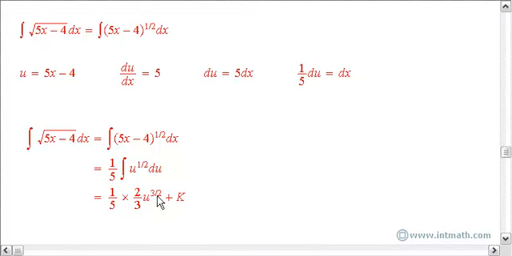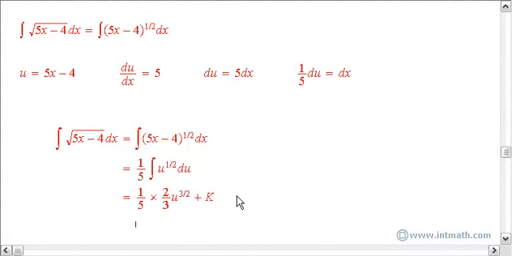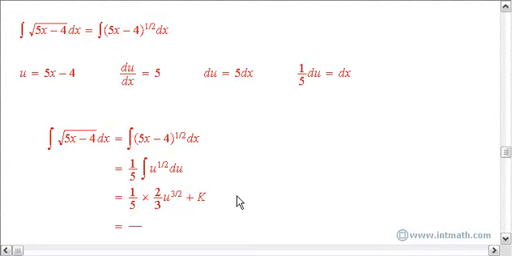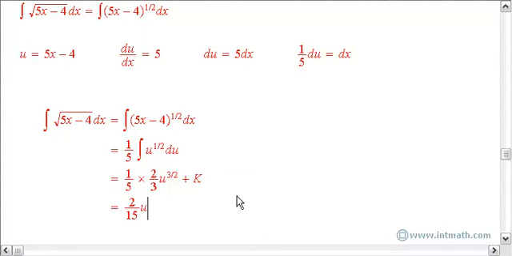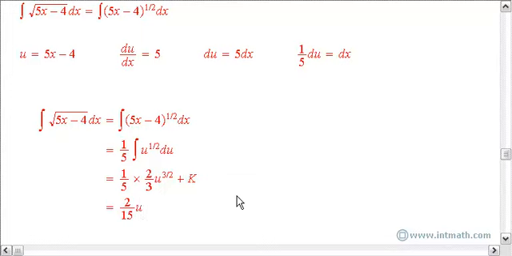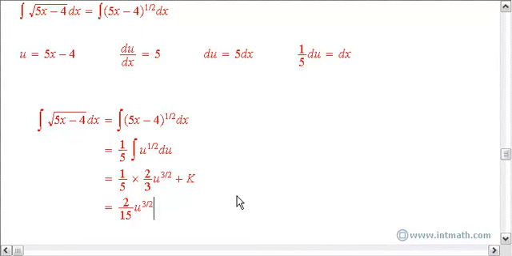The 3 on 2 comes from adding 1 to this. 1 plus a half is 1 1/2, or 3 on 2, and the 2/3 comes from dividing by 3 on 2, or multiplying by 2 on 3. Then, let's tidy this up. We're going to have a fraction out the front, 2 over 15, and it's going to be u to the power 3 on 2 plus k.